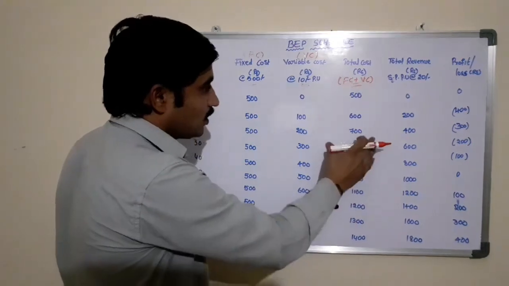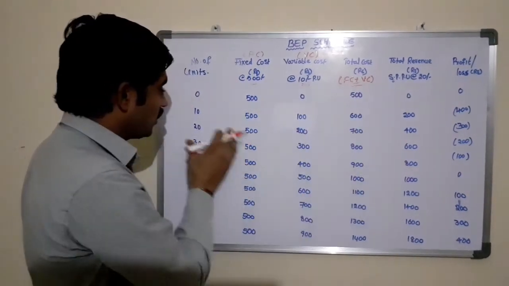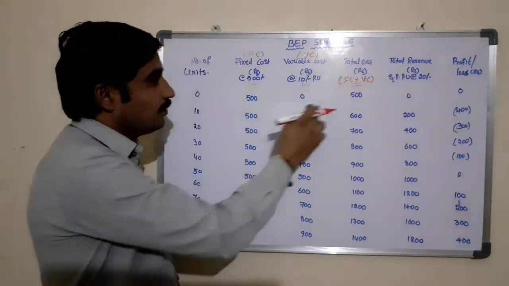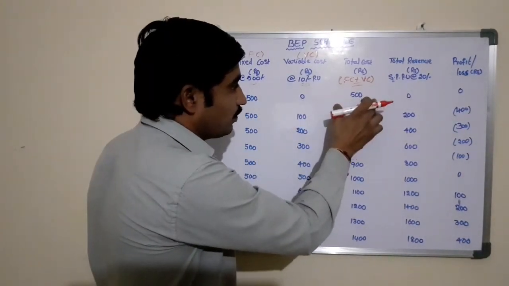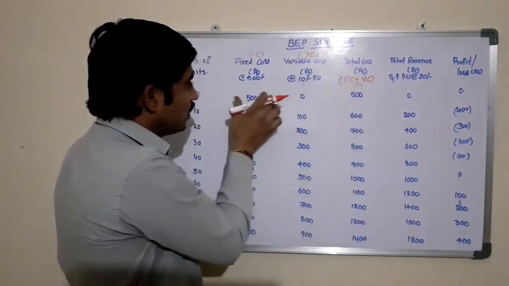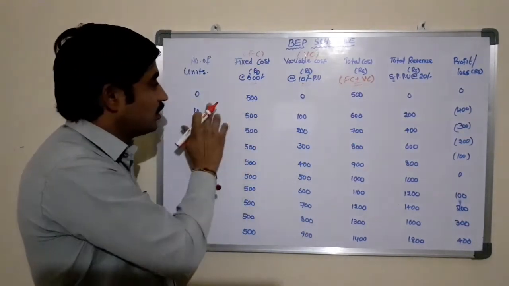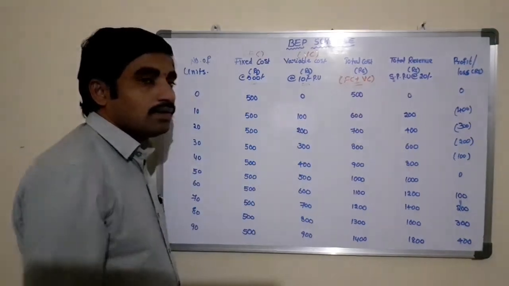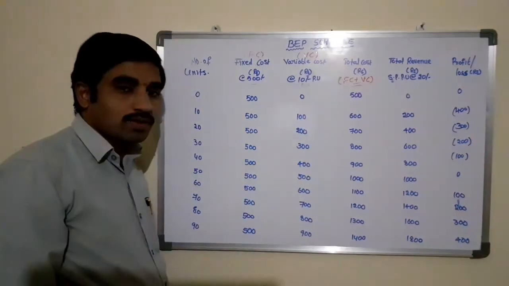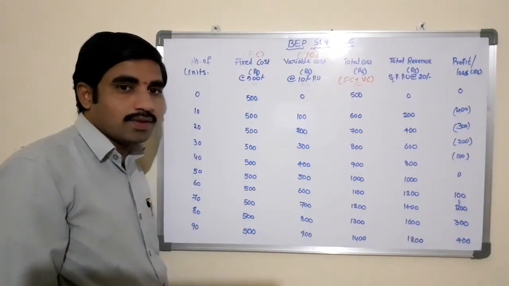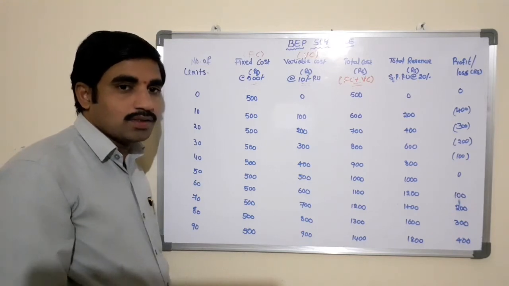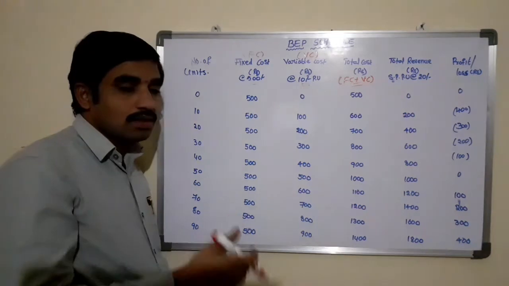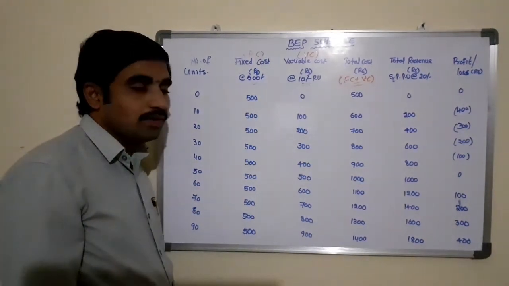The total cost always changes according to the level of production, but at 0 units we need to incur 500 rupees because the fixed cost remains constant. Even if there is no production in the business, we need to incur 500 rupees in terms of fixed cost. For example, rent for the building, employees' salaries, director fees, and all these expenditures come under the fixed cost.